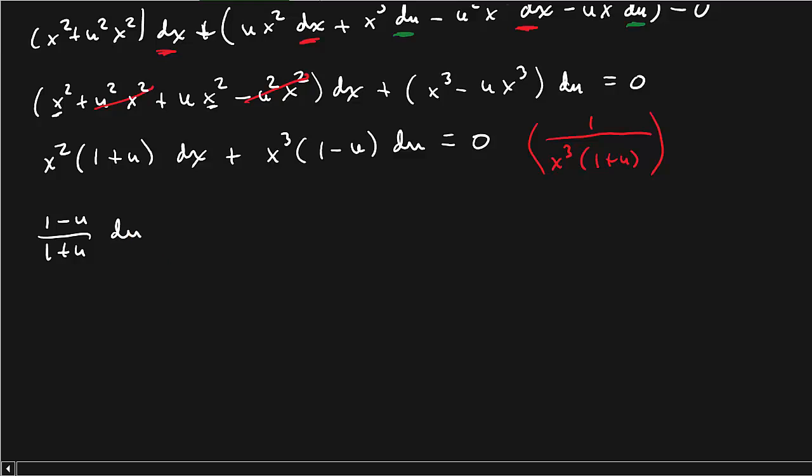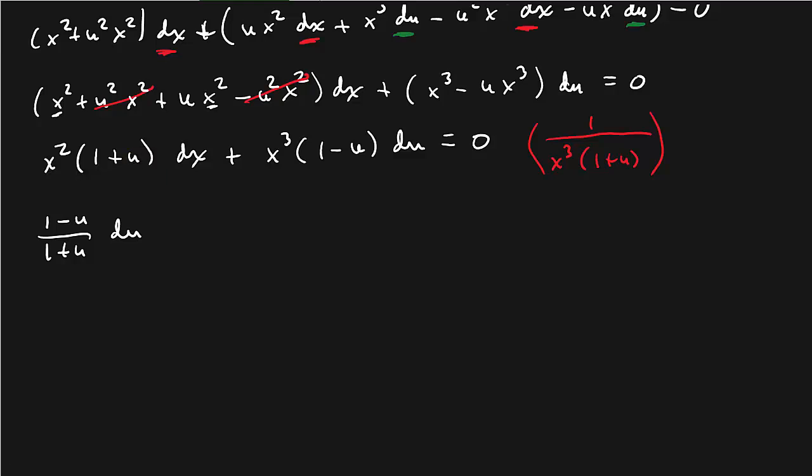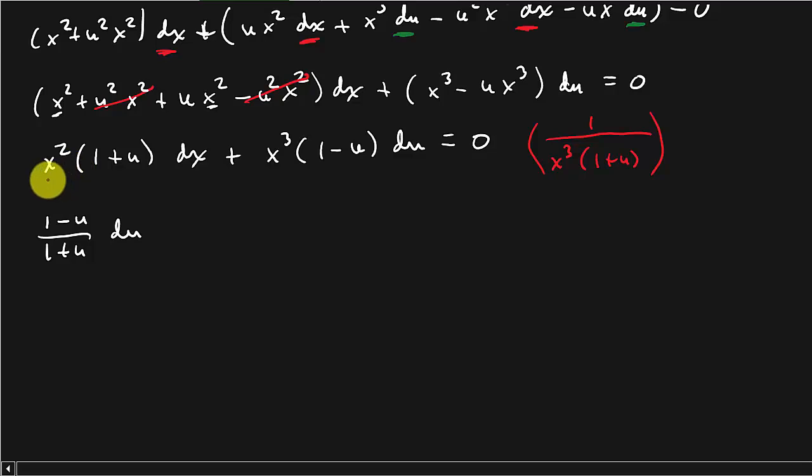Okay. Let's do this. Let's write it in a different color, maybe it might be easier to see like this. We're going to do x cubed times 1 plus u.